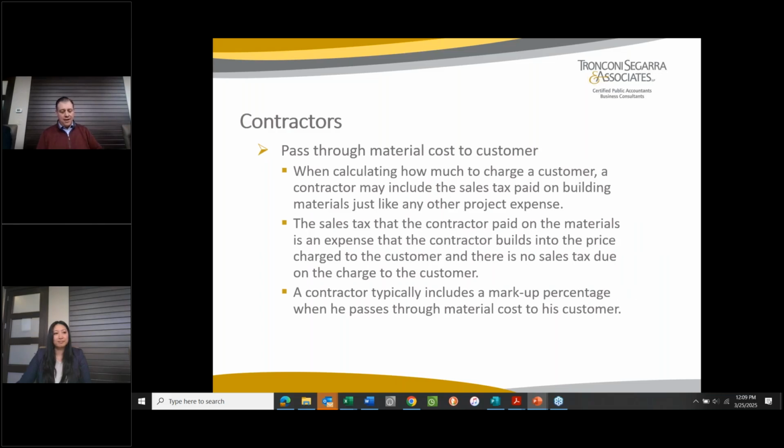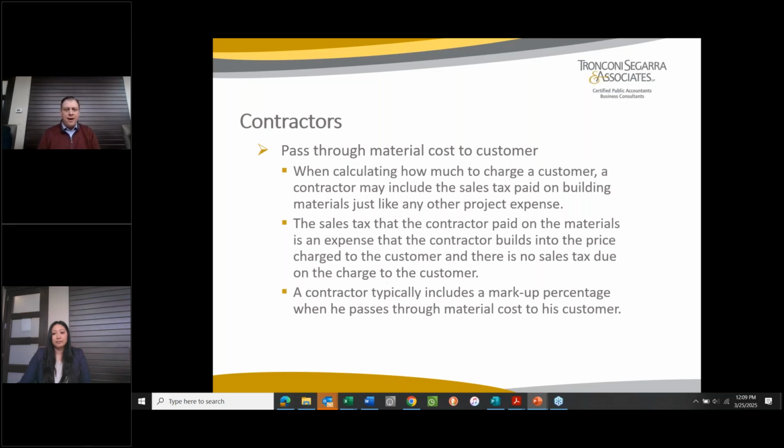And contractors are a little different too, in a sense that they pass through their material costs to their customer. So when you're calculating how much to charge a customer, you can include the sales tax you then paid on the materials, as well as any markup on your invoice or your bill to that customer. So it's a little different. There's no resale.